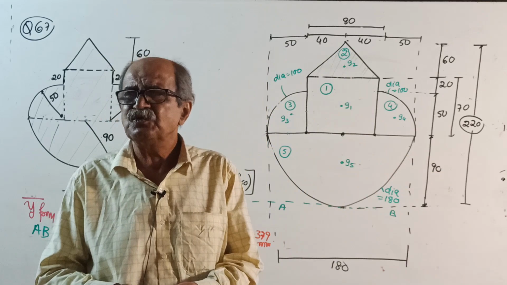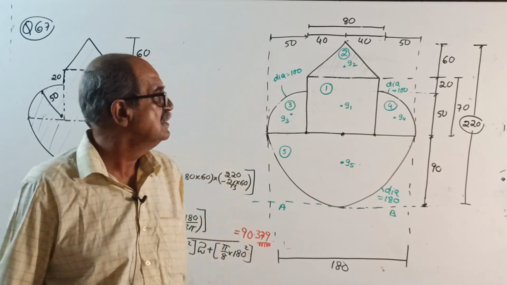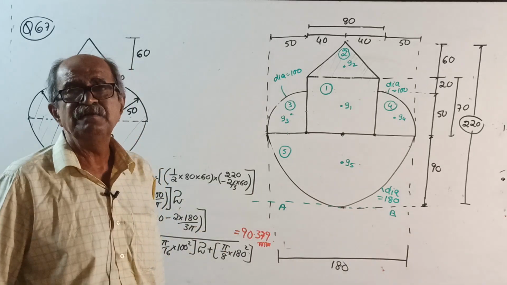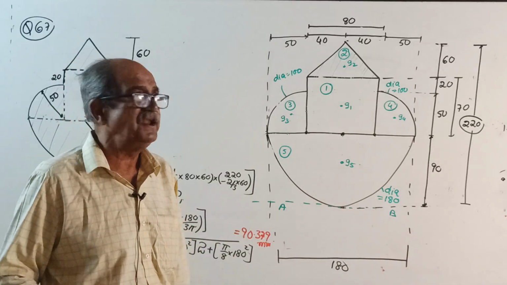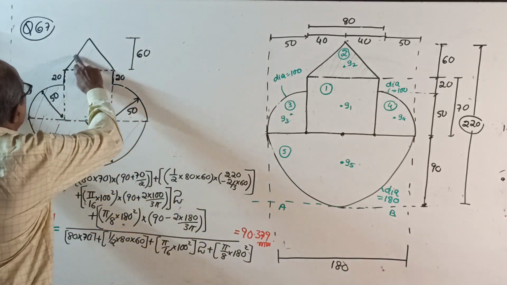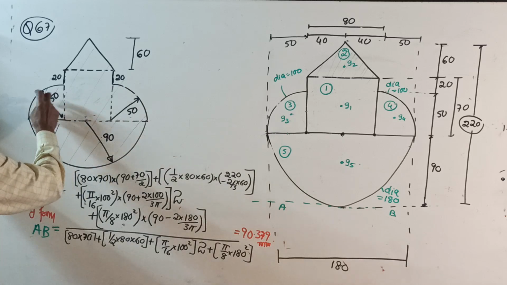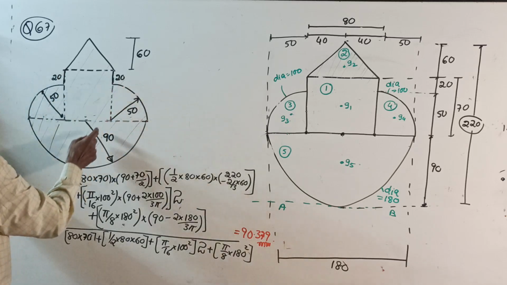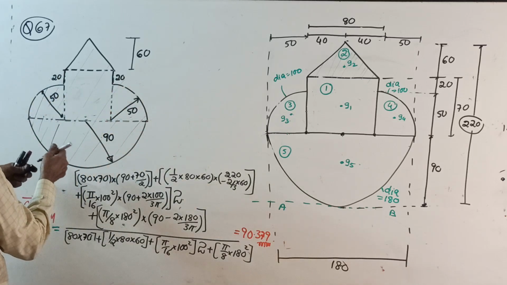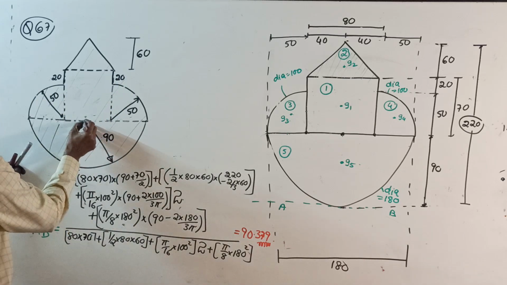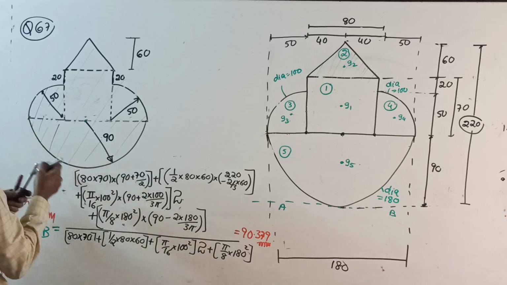I am going to cover so many questions. See, this way you will improve your knowledge. See, one triangle here, one rectangle here, one quadrant, there's a gap of 20-20 here, and then there is a semicircle here covering everything.